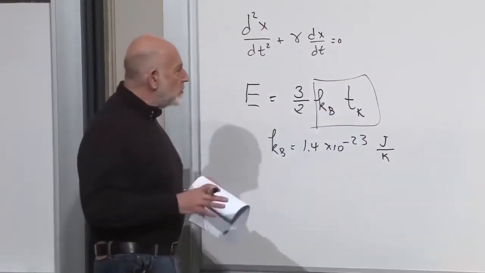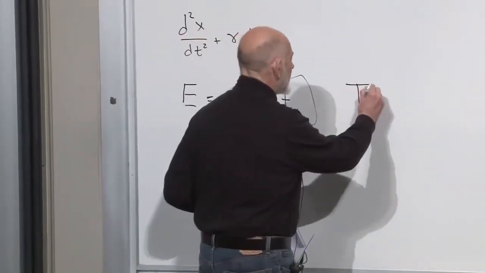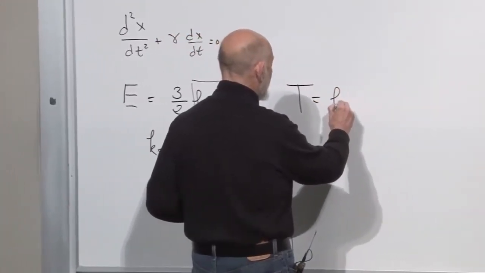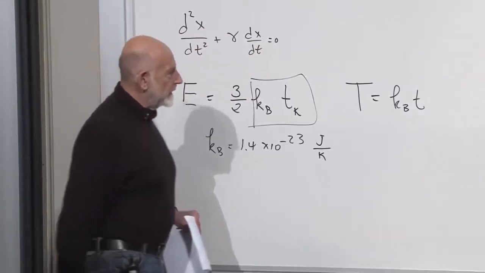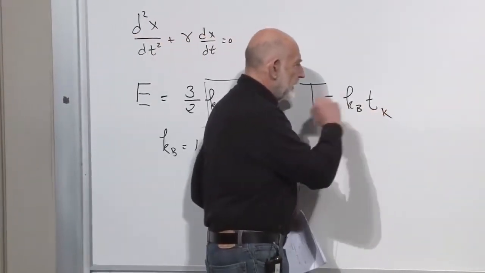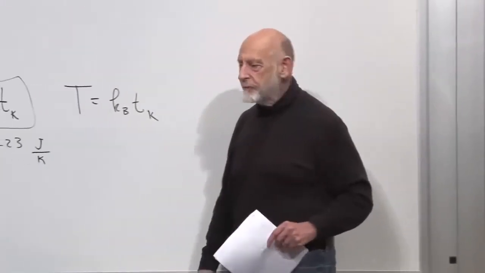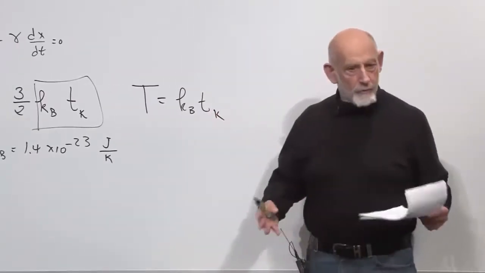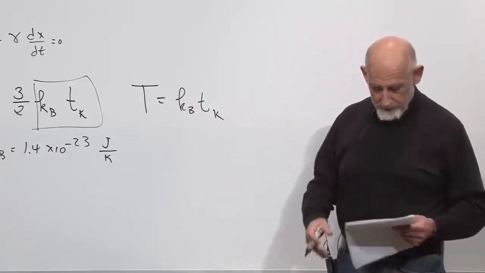We redefine a new unit of temperature, let's call it capital T, which is just K Boltzmann times the human unit of temperature. And once we do that, we will get rid of degrees, we will get rid of K Boltzmann in all equations. We'll never see it again. But you do have to remember that what I call temperature differs from thermometer temperature by a very small factor.